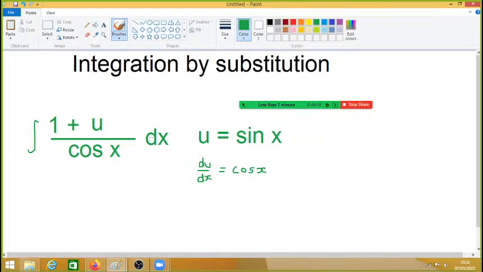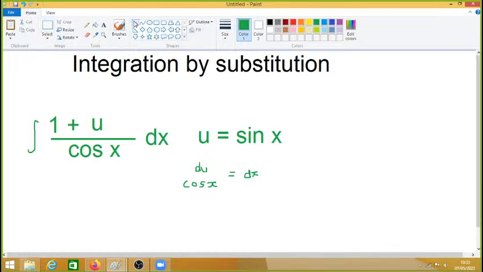So then what you can do is rearrange that for dx, so you know that the dx can now be swapped. So nothing different to what you've done before.